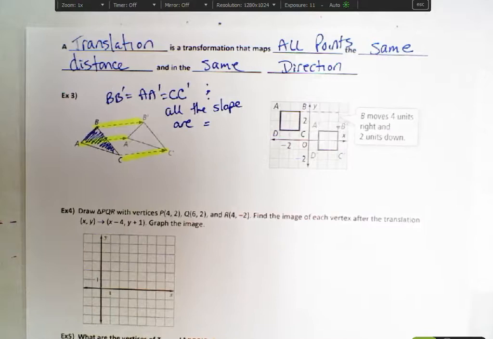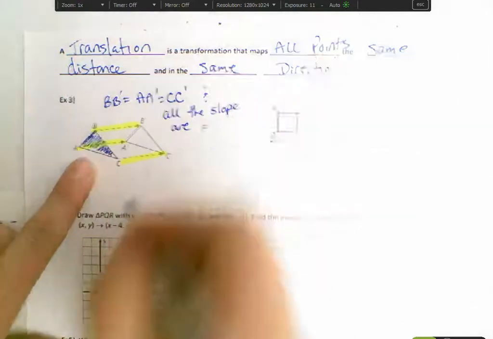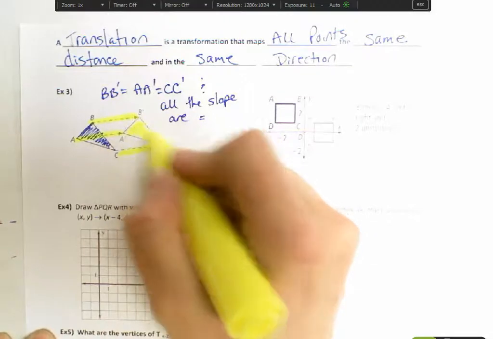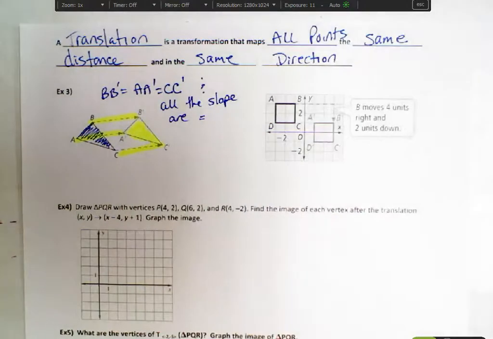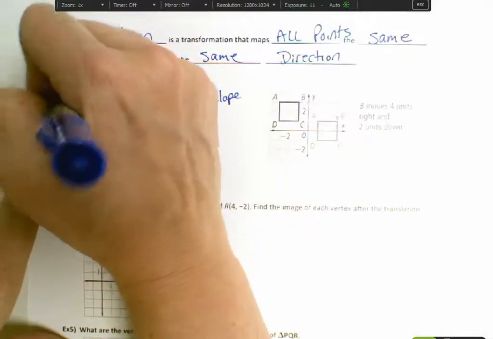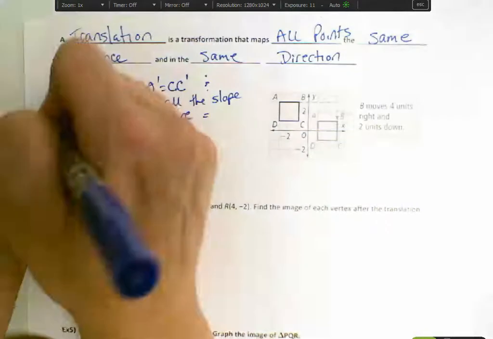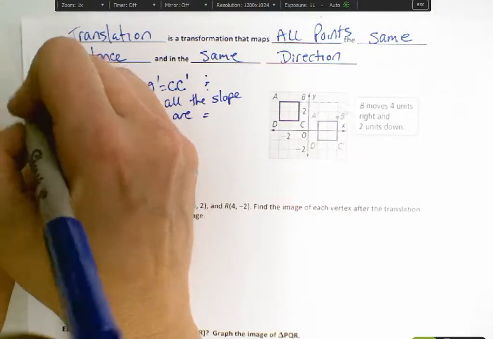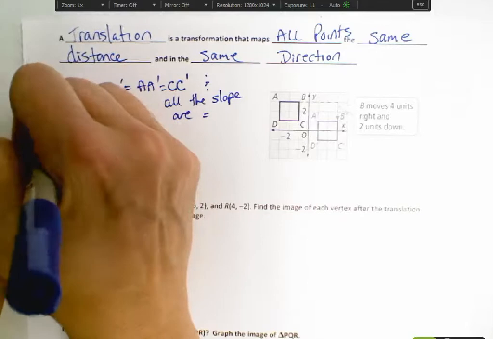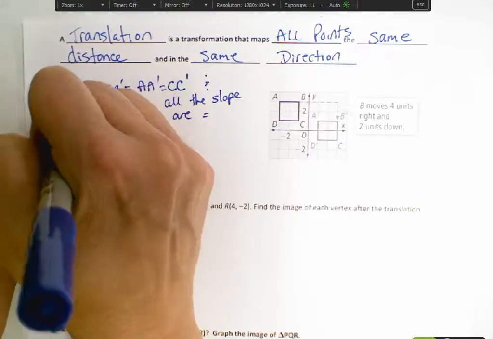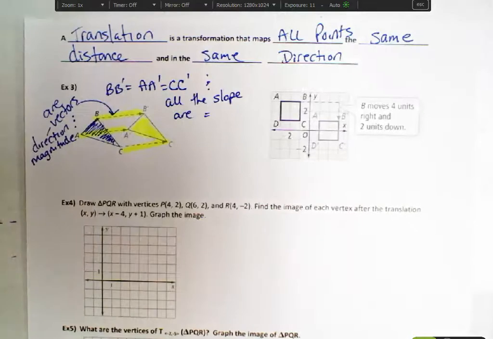So we know that all of these are congruent to get me to my new image, triangle A prime, B prime, C prime. These arrows here are vectors. And vectors, which I think you know from science, give you direction, which tells you where you're going, and magnitude. And magnitude is just the fancy word for distance, how far, what's the length of.